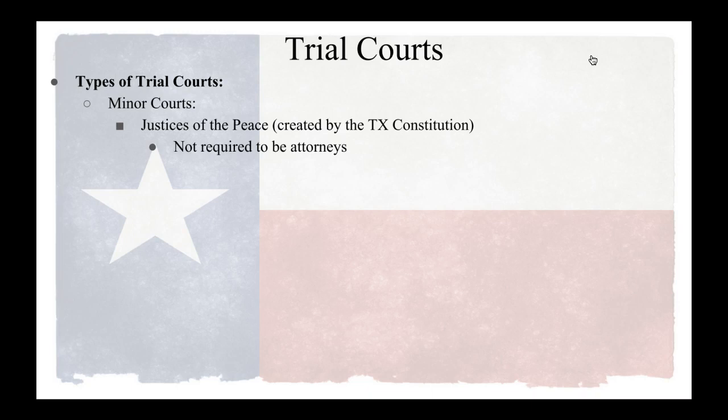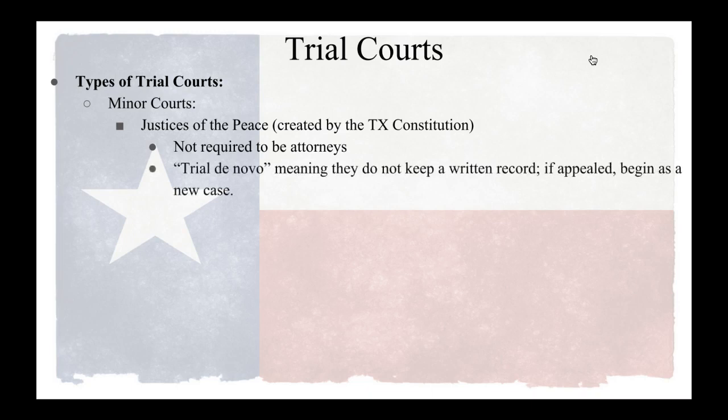They will go through specialized training in the law, but they're not required to be attorneys. They are what are known as trial de novo courts, meaning that they do not keep a written record of their proceedings. When a case is appealed, it actually begins a new case in the appellate courts. We'll see this play out in just a moment when we talk about the county courts.